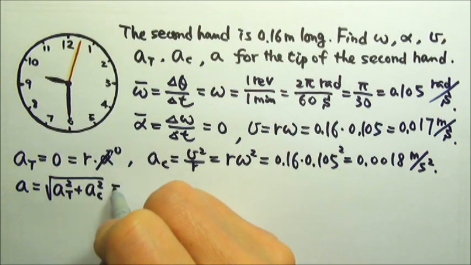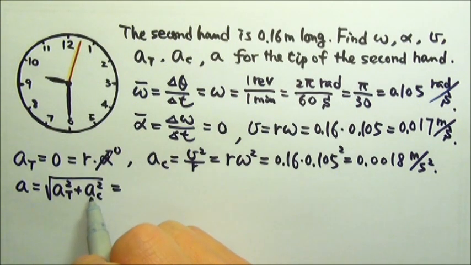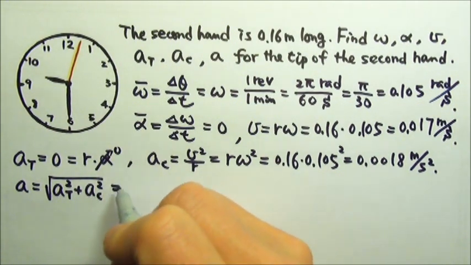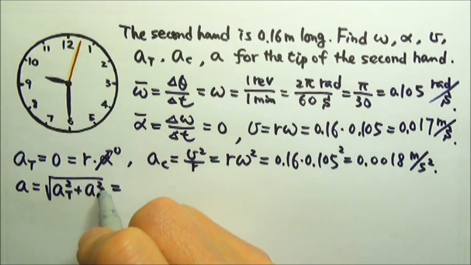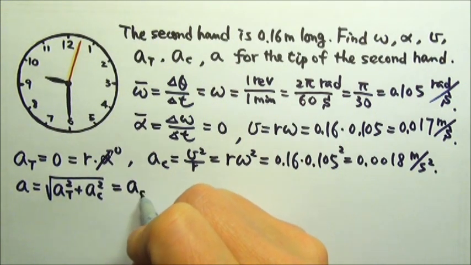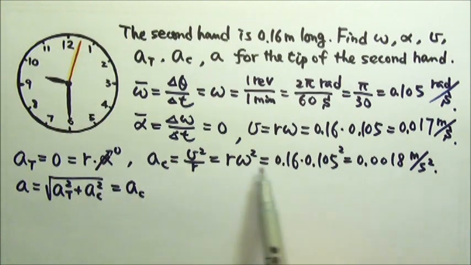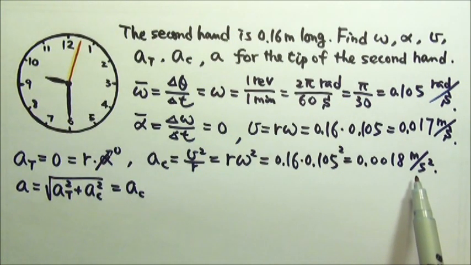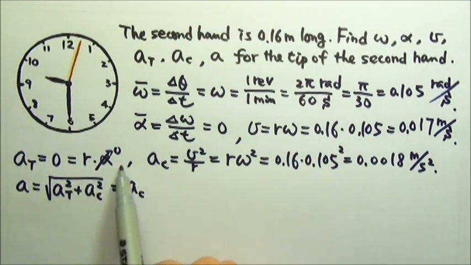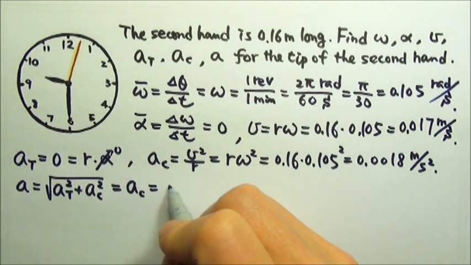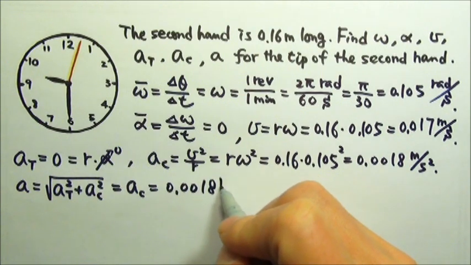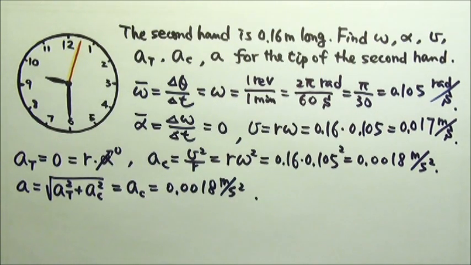The tangential component is 0, so this is the square root of the centripetal acceleration squared, because there's only one non-zero component. So total acceleration is the centripetal acceleration, which is 0.0018 meters per second squared.